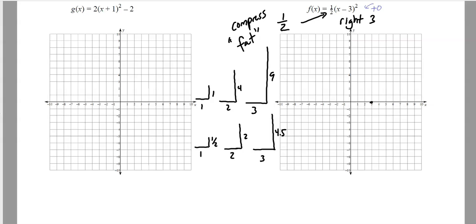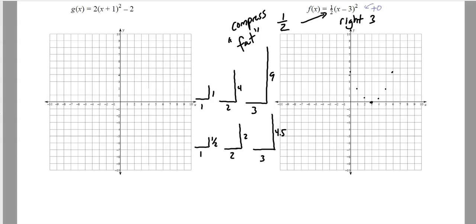So from this point, I go over 1 up a half, over 1 up a half, over 2, instead of going up 4, I go up halfway, and go over 3. I'm going to go up 4.5, and 3 up 4.5.